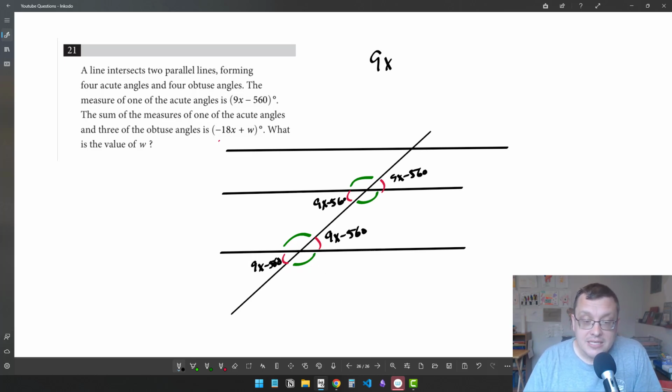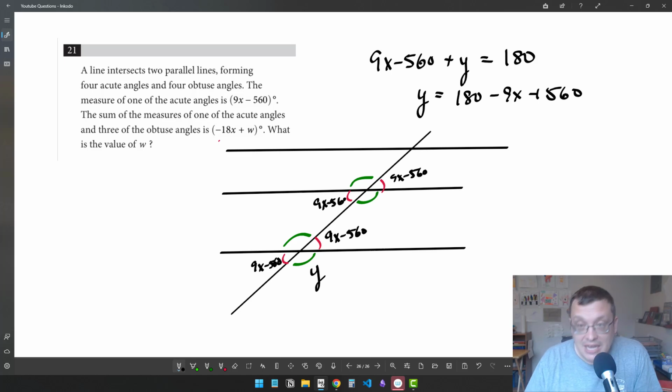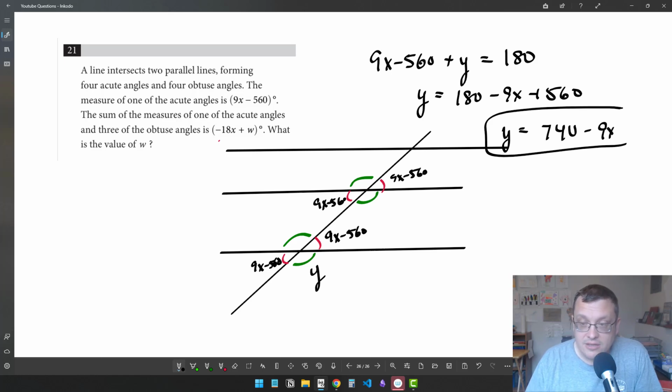So 9x minus 560 plus, I'll call this y temporarily, plus y must add up to 180. So y must be 180 minus 9x plus 560. Cleaning this up, we get 740 minus 9x. So that is the big angle: 740 minus 9x.